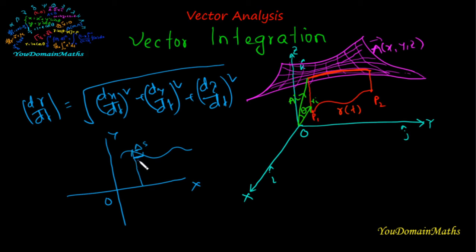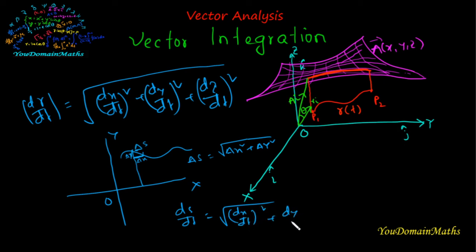So this is called delta x and this is called delta y. By the Pythagoras theorem, delta s equals root over delta x squared plus delta y squared. So in the two-dimensional case, ds by dt equals root over dx by dt whole squared plus dy by dt whole squared.